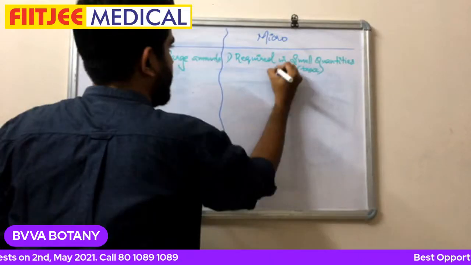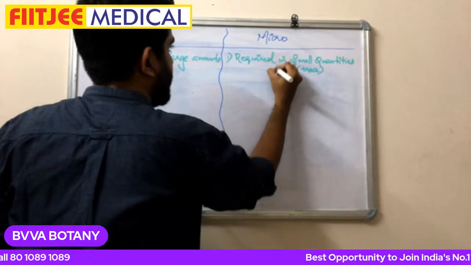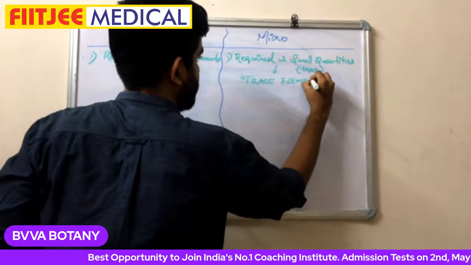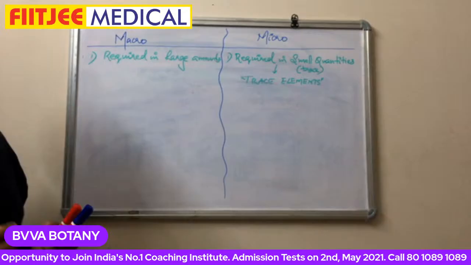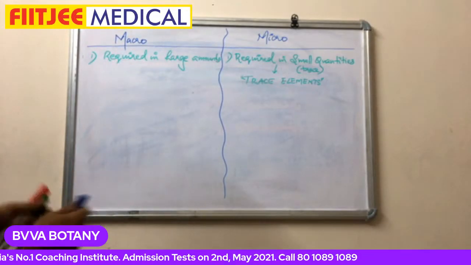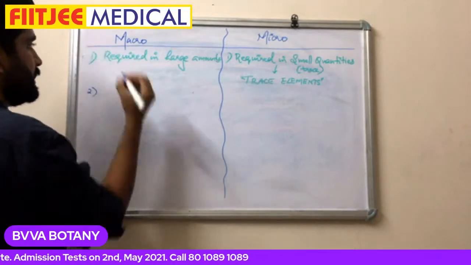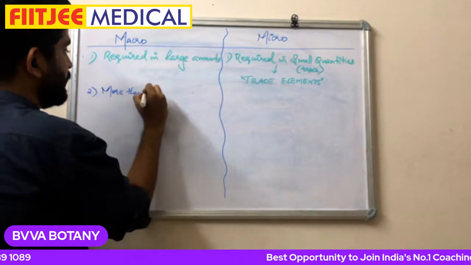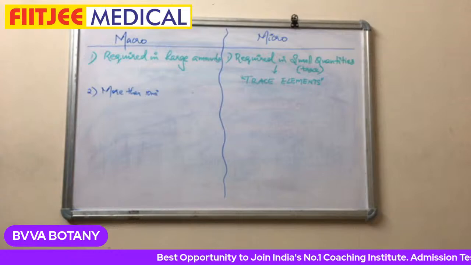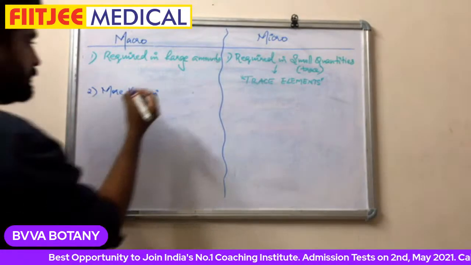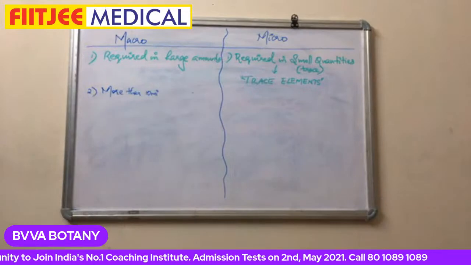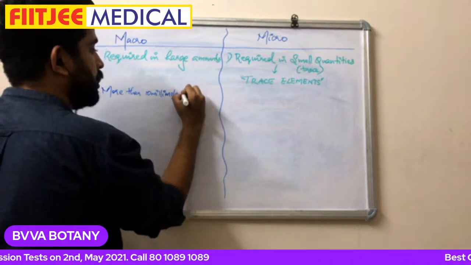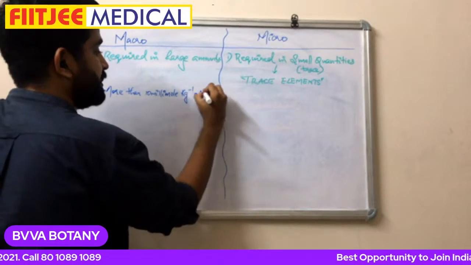That's why micronutrients are also known as trace elements, because the quantity is very less. Now we will take up how much quantity is required. Macronutrients are required in more than 10 millimole per kilogram of dry matter.